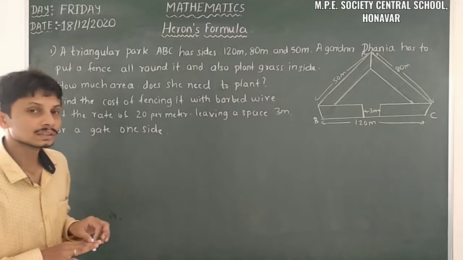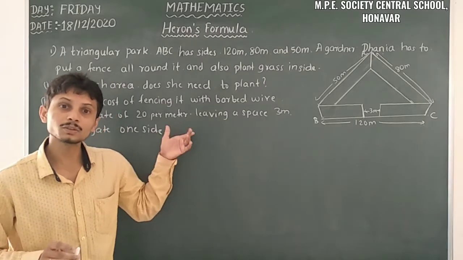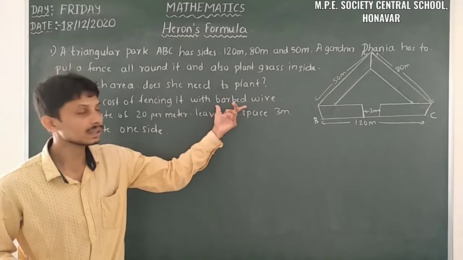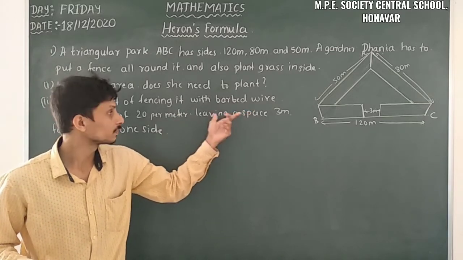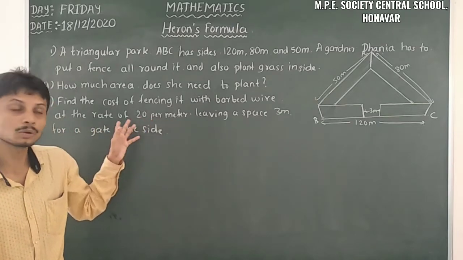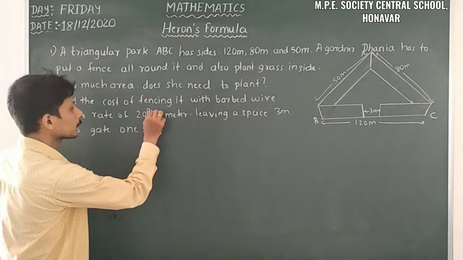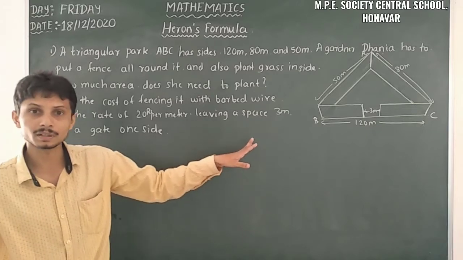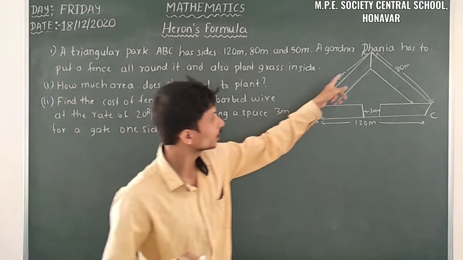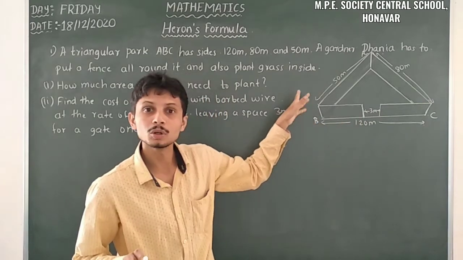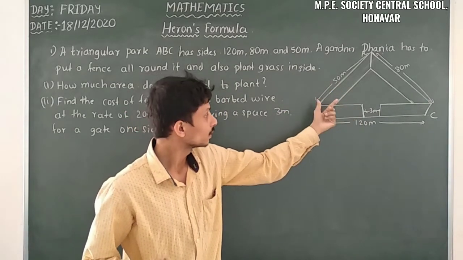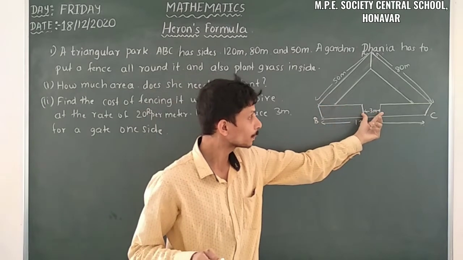So here she has to fence around this triangular park with the help of barbed wire, at the rate of 20 rupees per meter.